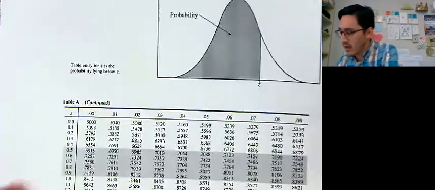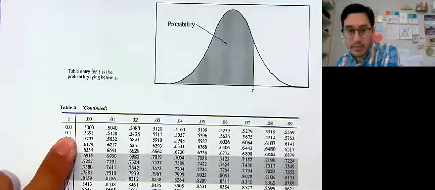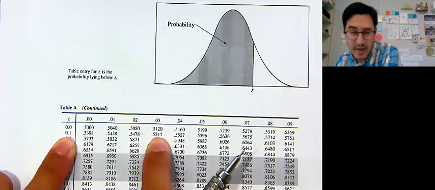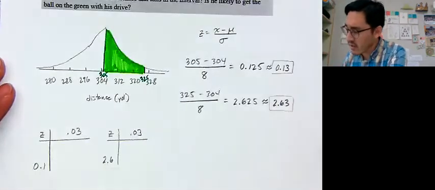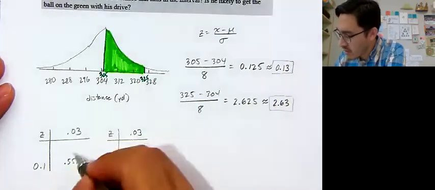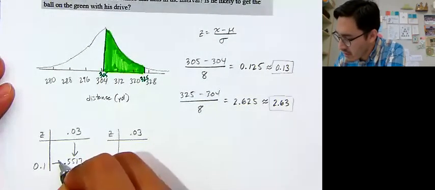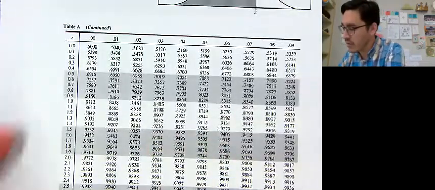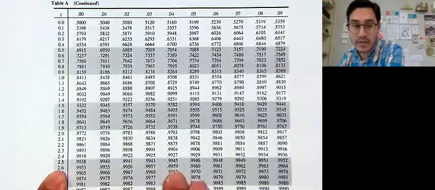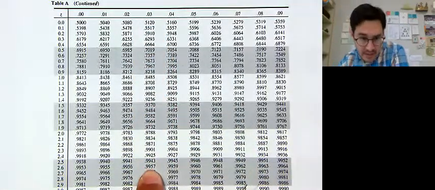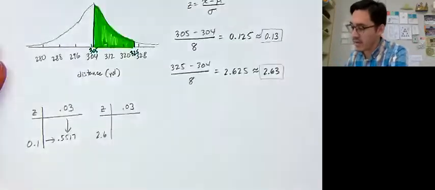So 0.13 gives us a percentile of 5517. And a z-score of 2.63 gives us a percentile of 9957.